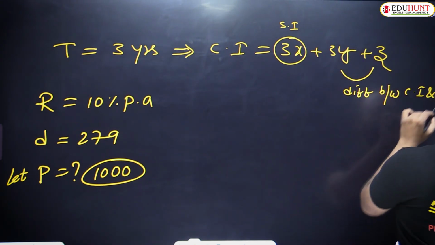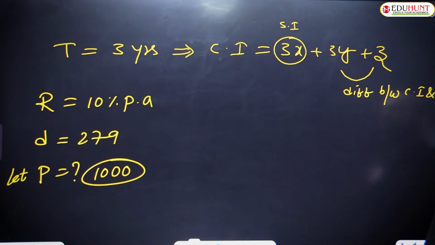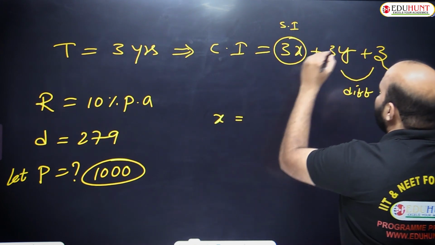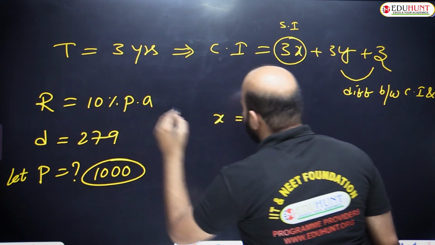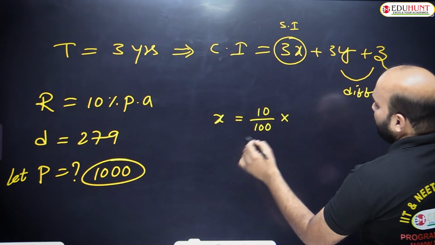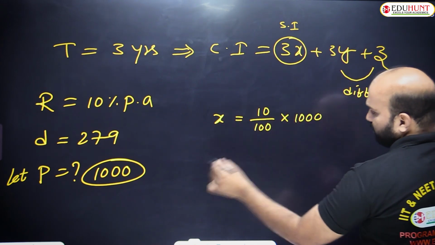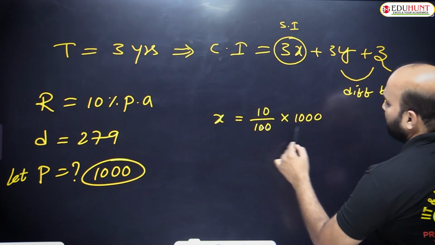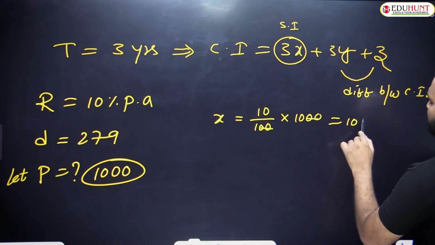First you have to find the x, y and z values. x, y, z always depend on the rate of interest, 10%. First you have to find 10% of the principal. You don't know the principal, so let me take 1000. This is an assumption. So x is 100. How do we get y?